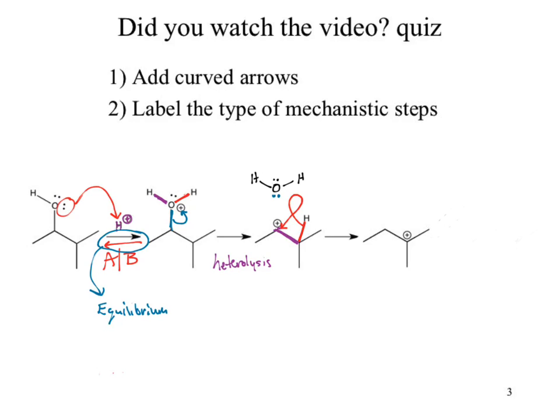And the hydrogen. So I'm taking a hydrogen with 2 electrons, which is known as a hydride. And I'm changing the location of that hydride from one atom to another atom. I'm doing a shift of a hydride. So I'm doing a hydride shift.